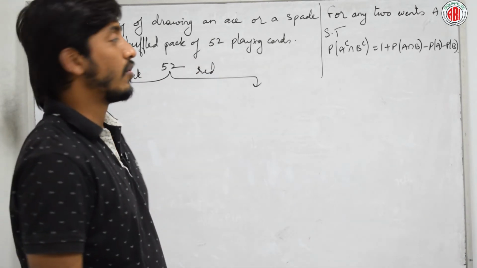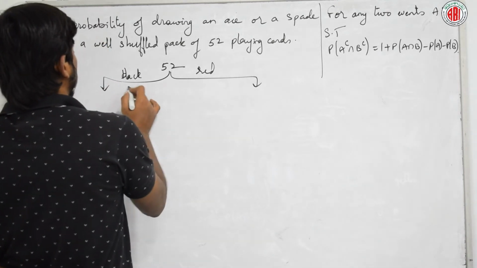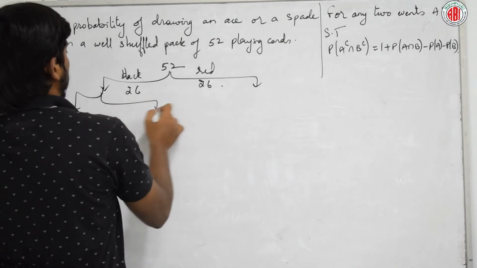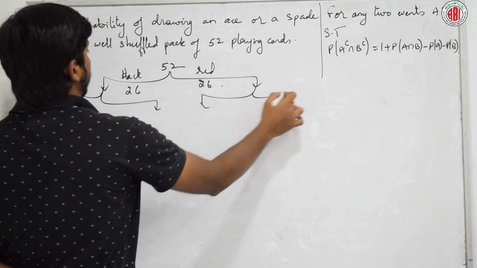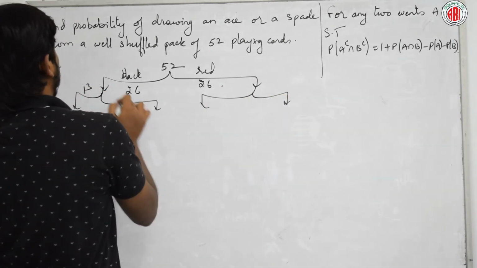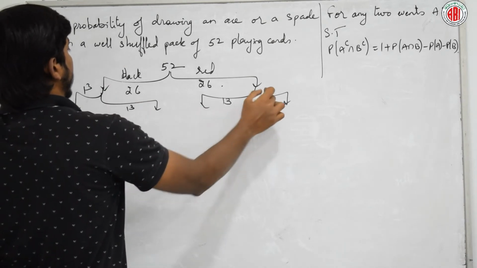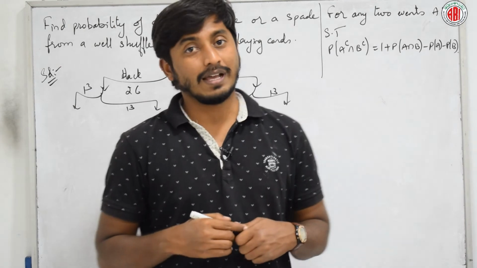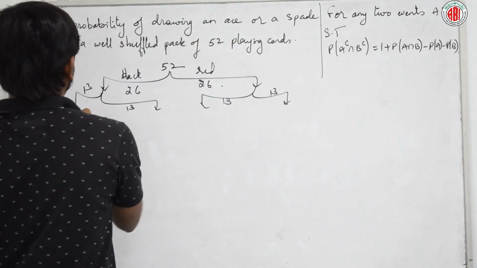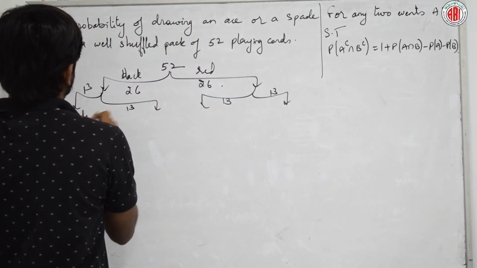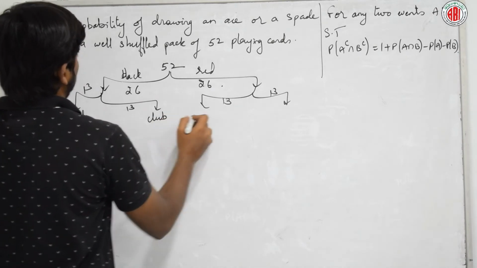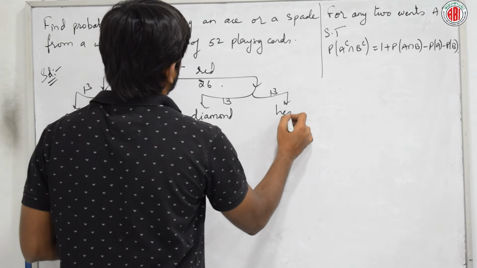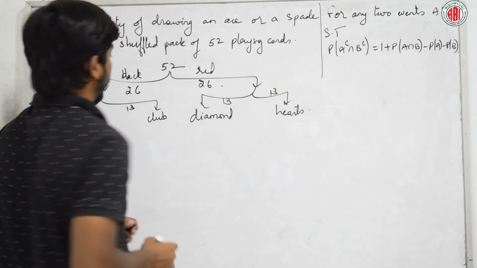isn't it? So out of this 26 black, 26 red, we again have two more parts, each of 13, 13, 13, 13. What are they? Those are, in black we will have spade, club, diamond and hearts.